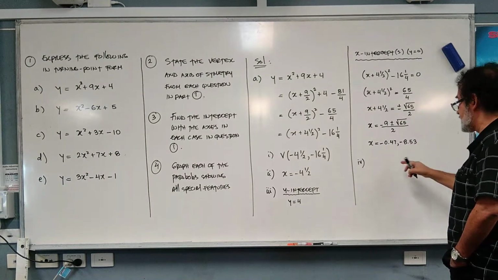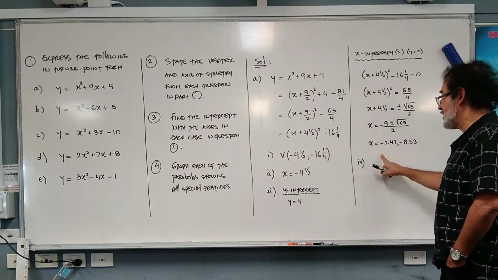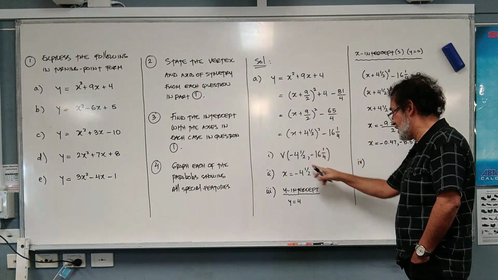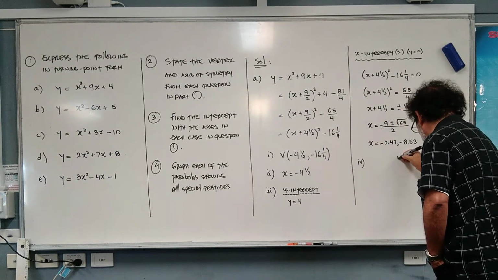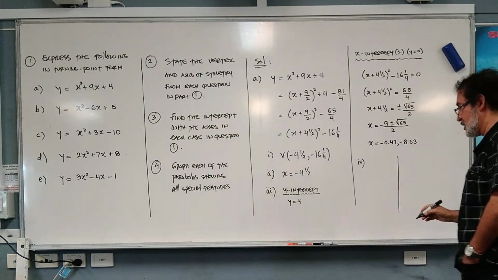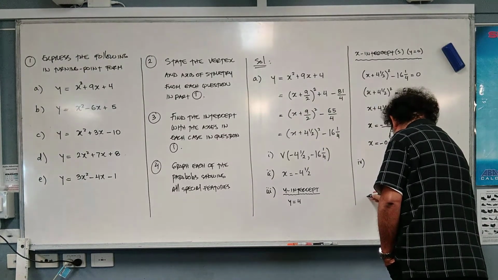We need to sketch this parabola, so can you please pay attention now? We already know that the vertex is going to be at this point, on the negative side. It doesn't have to be to scale, because it's going to be hard to find those points.